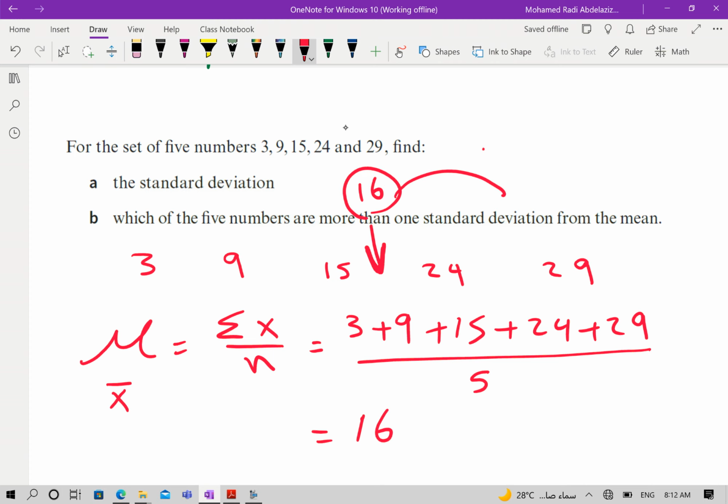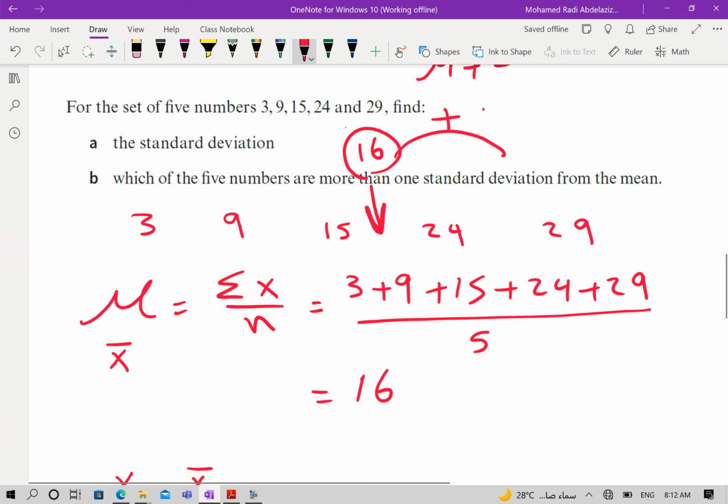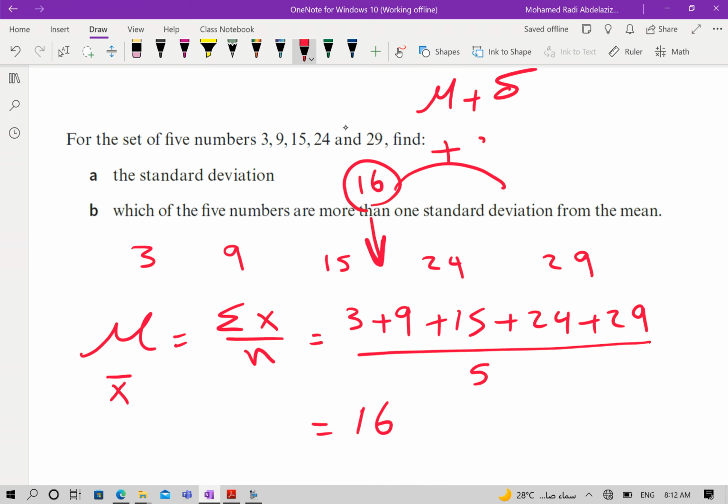Go again for this value, 16. If you add one standard deviation, mu plus one standard, the standard is 9.51. If you add 16 and 9.51, the answer is 25.51. If you subtract one standard, minus 9.51, it is 6.49.